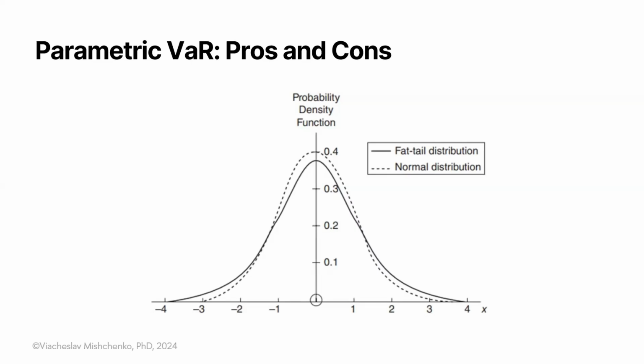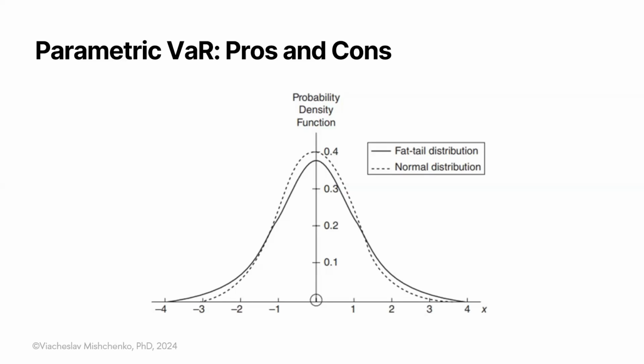But there is also a significant caveat. The assumption of normally distributed returns is a real shortcoming. In reality, financial returns often exhibit so-called fat tails, which means extreme events occur more frequently than a normal distribution would predict.